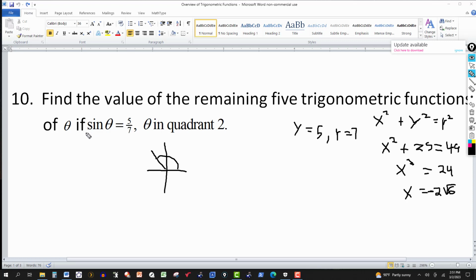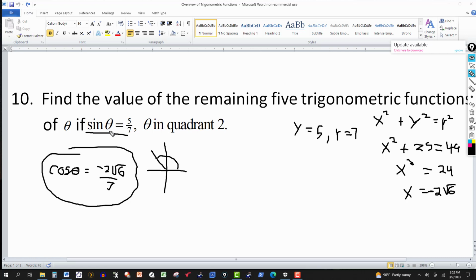So we know the sine is given, so the cosine would be x over r. So x is minus 2 square root of 6, and r is 7. There's the cosine.